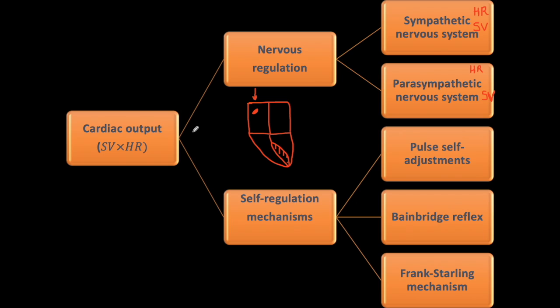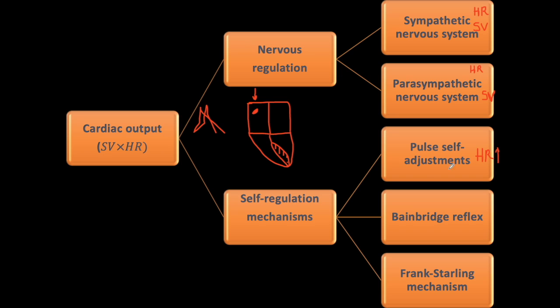The result will be that this pattern in our action potential of the SA nodes will just turn into something like this, because of the increased sodium currents. It just becomes like this, and therefore our cardiac rhythm will accelerate and the heart rate will increase. So the ultimate effect of the pulse self-adjustment is an increase in the heart rate.